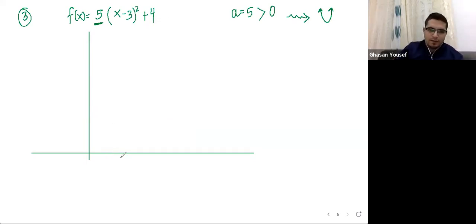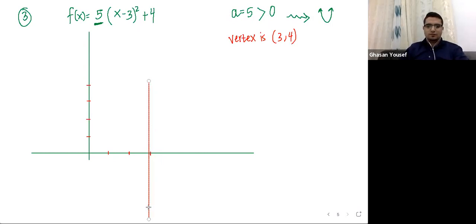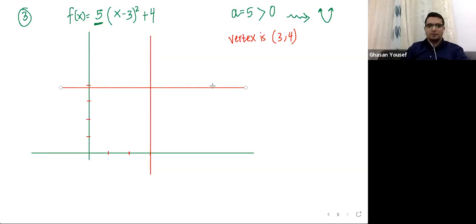The point is 1, 2, 3, 1, 2, 3, 4. So the vertex is the point (3, 4). The 3 should be here, and the 4 should be here. So the vertex is this point.